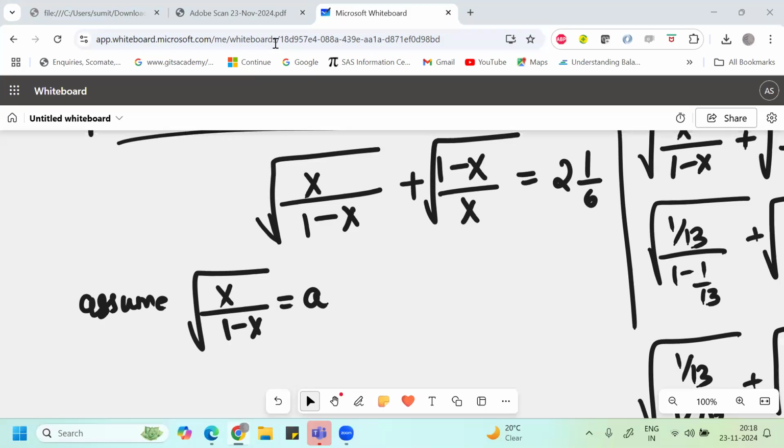So then in that case, if I'm assuming root of x by 1 minus x is a, my equation will become a plus 1 by a is equal to 13 by 6. Are you getting this part, guys?